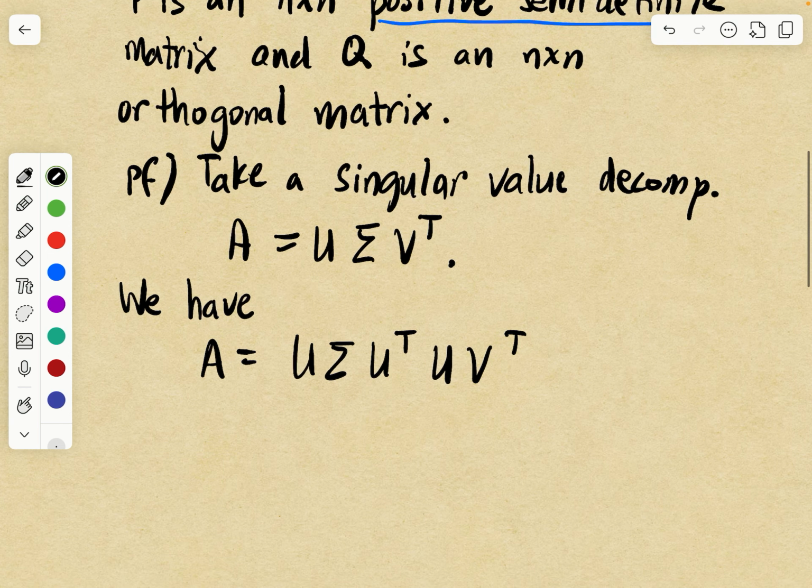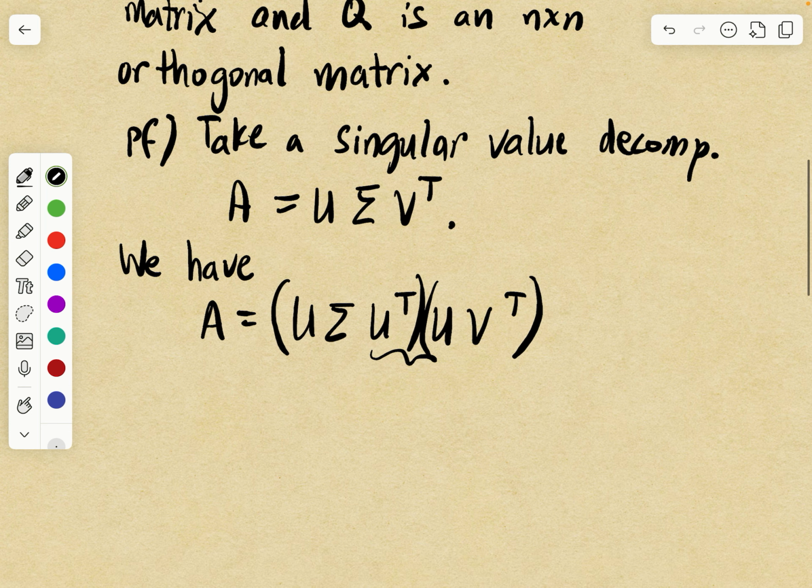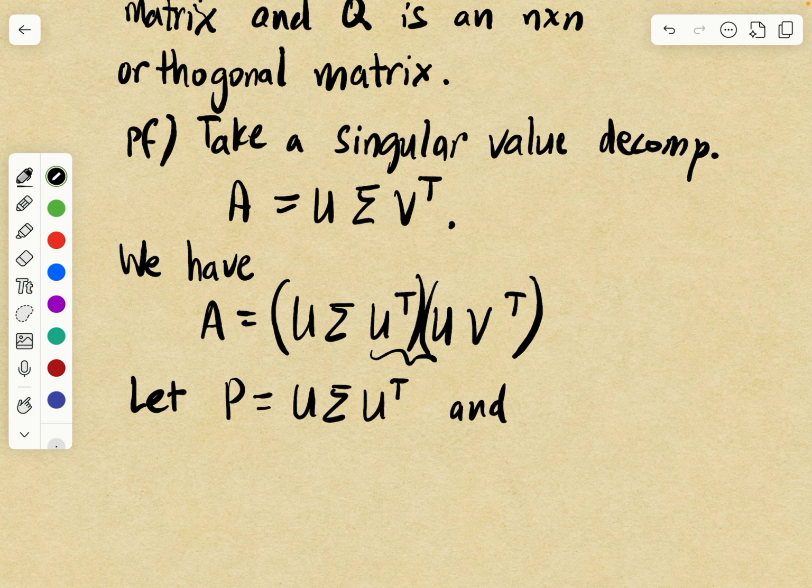Because U is an orthogonal matrix, U transpose times U is the identity matrix. So I'm just inserting an identity matrix in there, but notice that I have this factorization. So let P be U times sigma times U transpose, and Q be U V transpose.